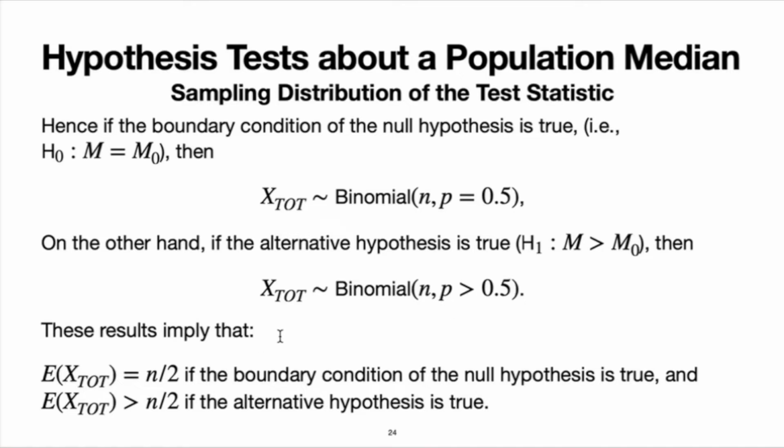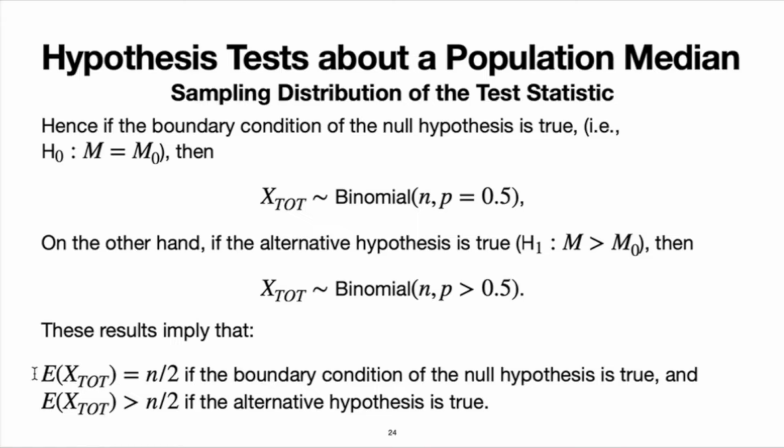Now, remember, the mean of a binomial distribution is equal to n times p. So if the null hypothesis is true, then x tot has a binomial distribution with parameters n and p equal to 0.5.